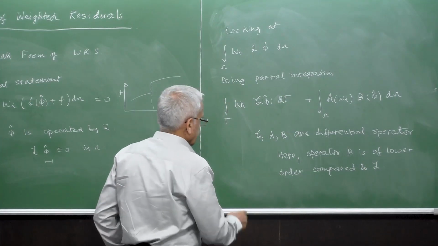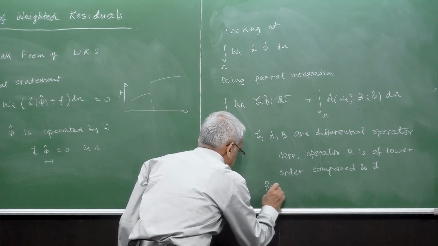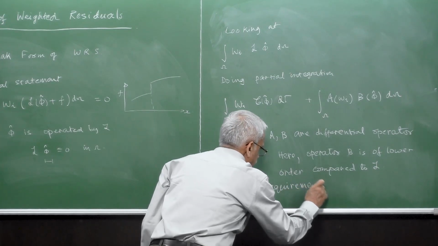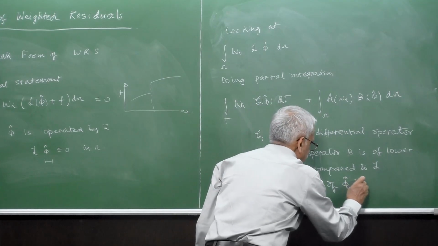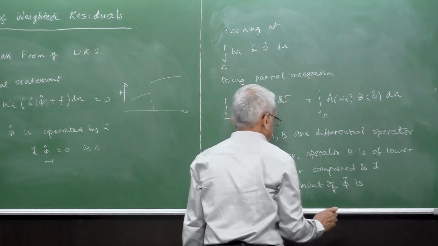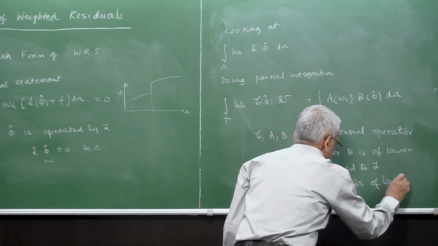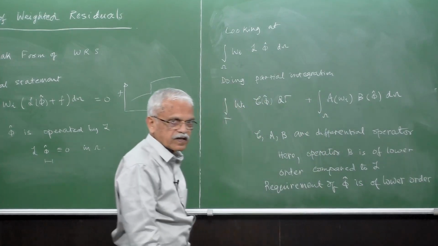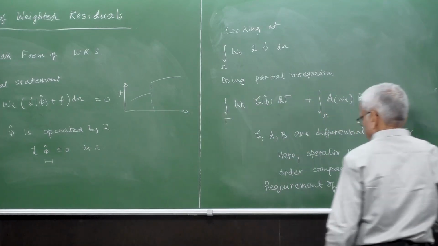So that means that the continuity requirement of phi hat is of lower order. This is an important observation which has a profound effect on our method of weighted residuals.